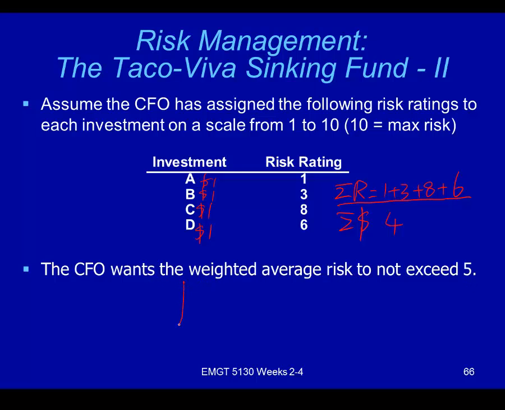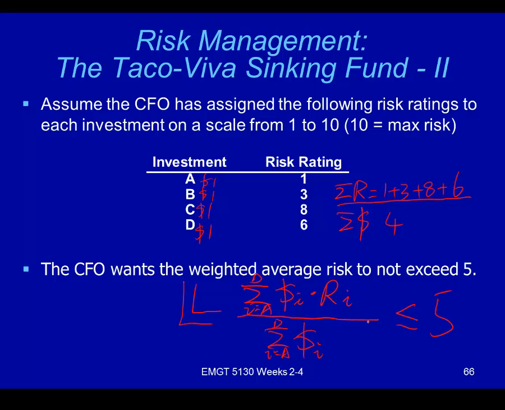So that means the sum product of the money we invested in i and the risk, where i goes from A to D. So the total amount of money times their risk, take the sum, divided by the total amount of money will give us the total weighted average risk in each month, and that should not exceed 5. So this is the constraint that we're going to add for each month.